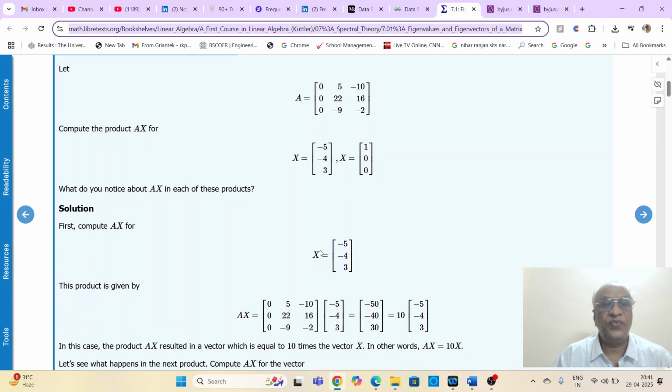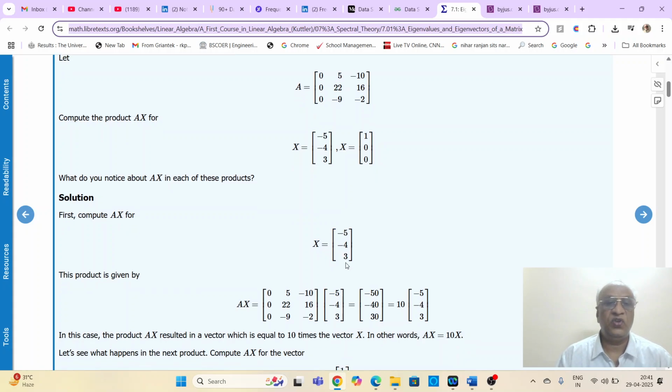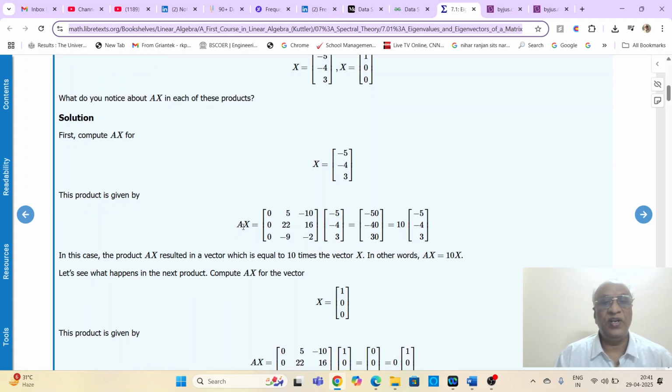For the first solution, where the X value is minus 4, minus 5, minus 4, 3, I take the product of A and X. I know how to do the multiplication, right? So 0 into minus 5 plus 5 into minus 4 plus minus 2 into 3, that becomes minus 50, like that. So I'm getting minus 50, minus 40 and 30, and if I take 10 as common, that becomes minus 4, minus 5, minus 4, 3.